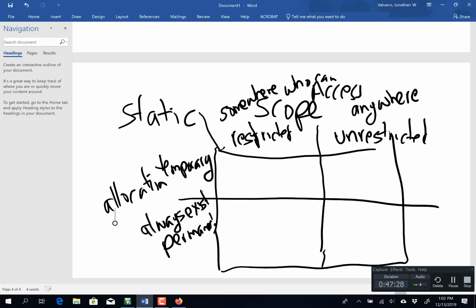You hit the compile button, it assigned a space somewhere in memory, and until you erase the ROM or throw it in the trash, that variable has permanence and exists forever. Whereas temporary means dynamically we're going to make it alive, we're going to use it, and then we're going to discard it, destroy it.